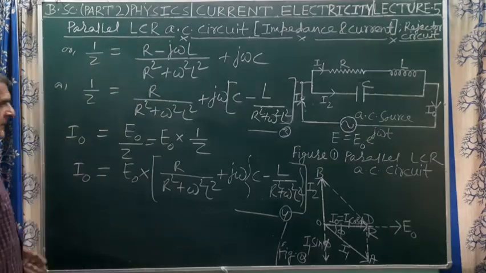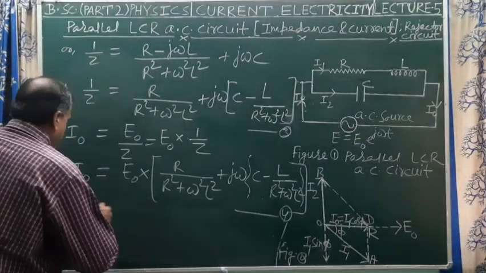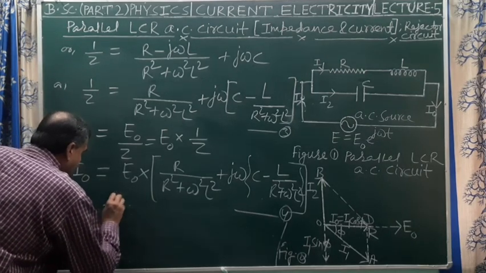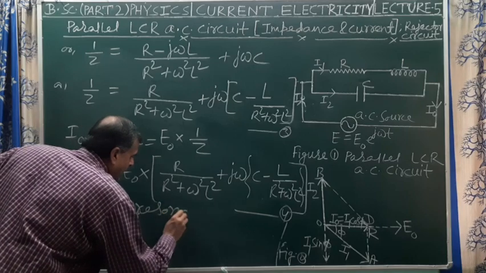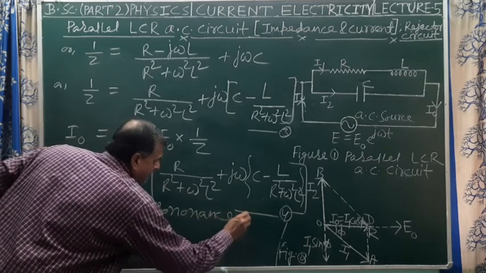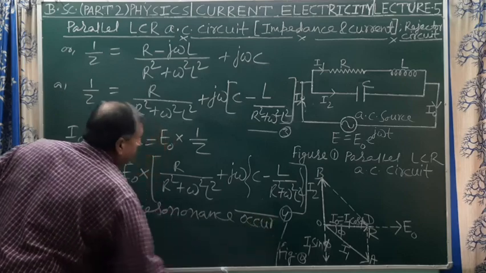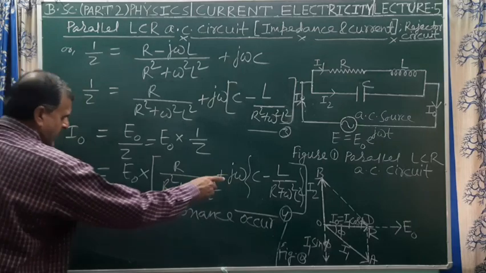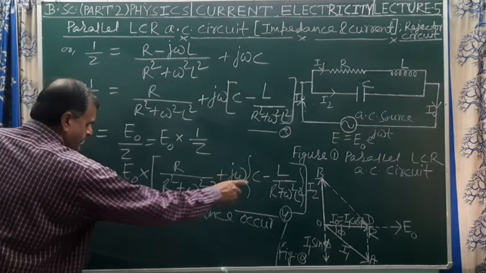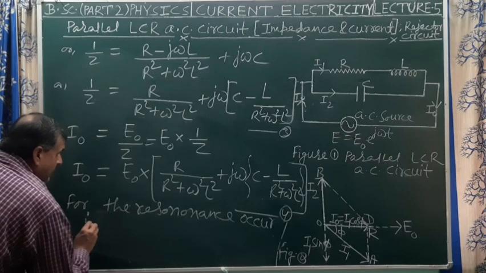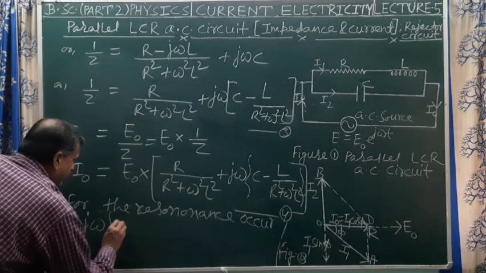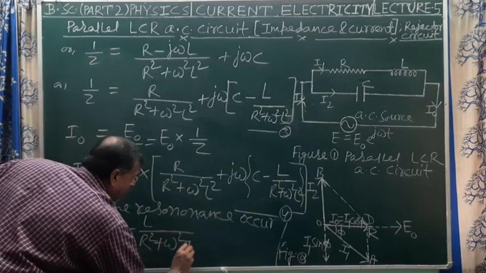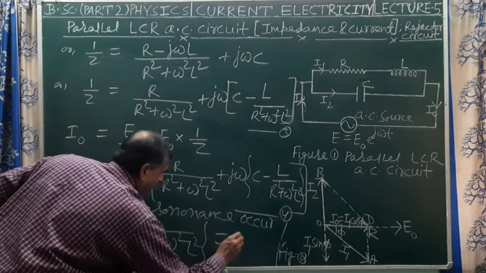So for resonance to occur in a parallel LCR AC circuit, the imaginary term, that is j omega under bracket C minus L upon R square plus omega square L square, must be equal to 0.